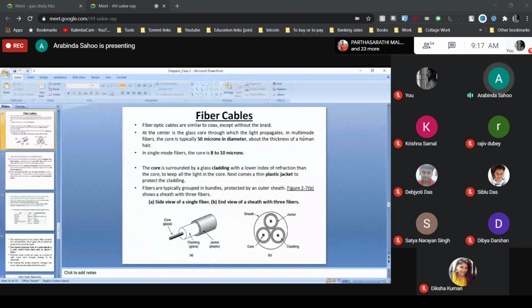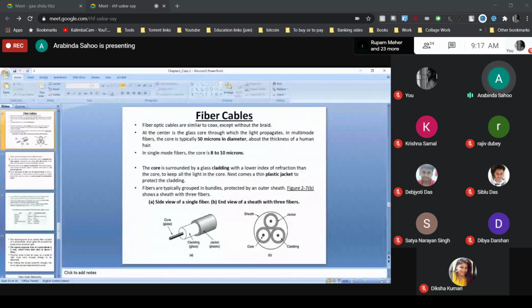In multimode fiber, the core typically is 50 microns in diameter. As you already discussed in the last class, there are two types of fiber: multimode and single mode.